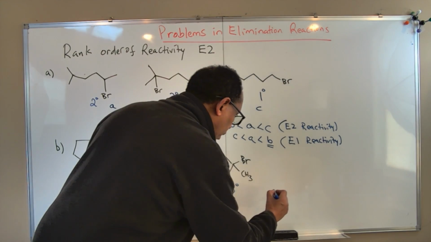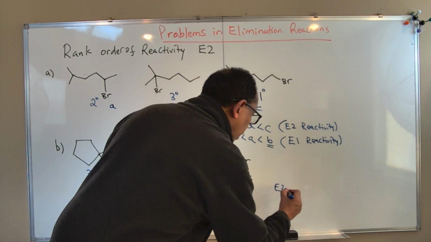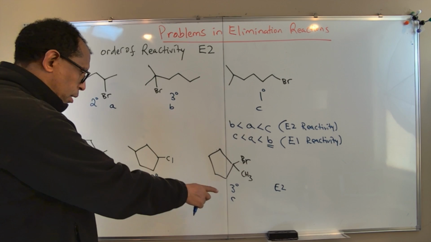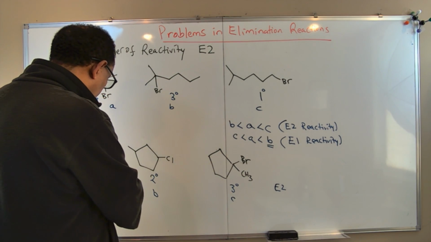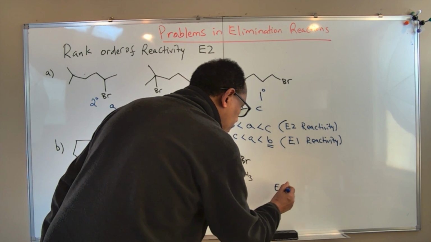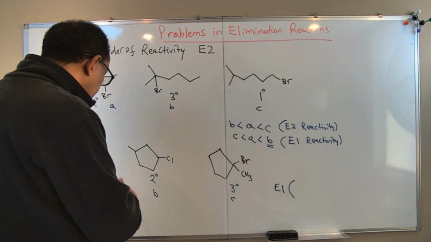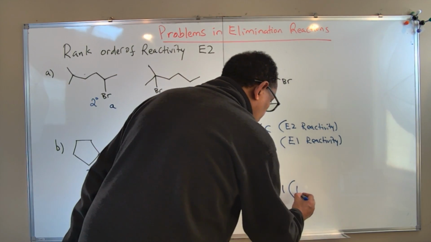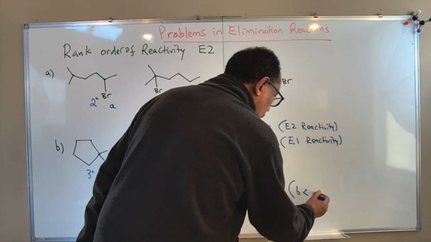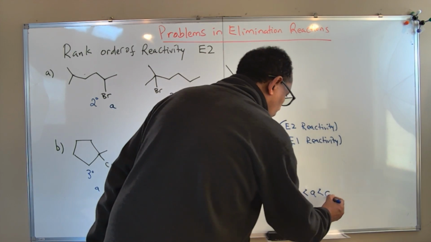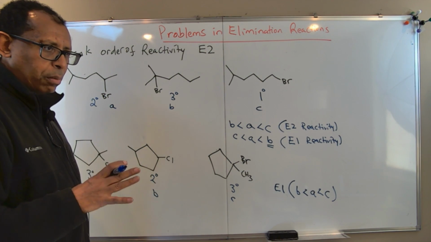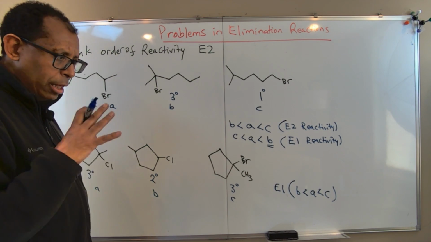For E2 mechanism, the easiest would be the one which is C, is the fastest, and next would be A, the least would be B. So for E1, the least would be B, less than A, but less than also C. So for E1 mechanism, the one which forms the carbocation much easier is this.